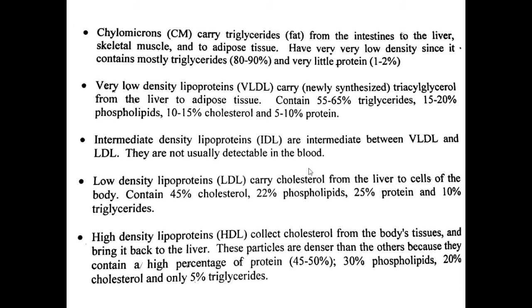Okay, so chylomicrons carry triglycerides from the intestines to the liver, skeletal muscle, and to adipose tissue. They have a very, very low density since it contains mostly triglycerides and very little protein. Okay, so the one lipoprotein that has the highest level of triglycerides is chylomicron, and it's also the least dense lipoprotein.